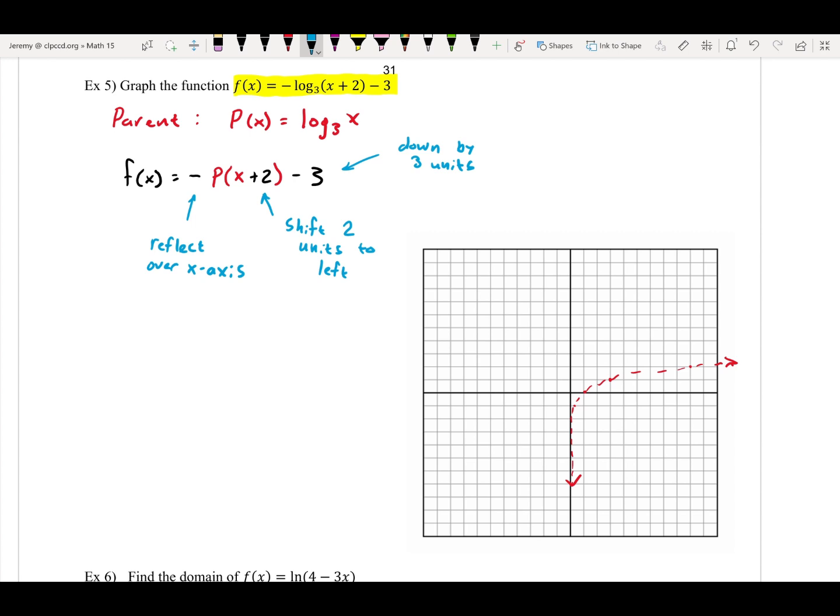Okay. The order of transformations does matter. First we want to do the horizontal shift, and then we want to do the reflection, and last we do the vertical shift.